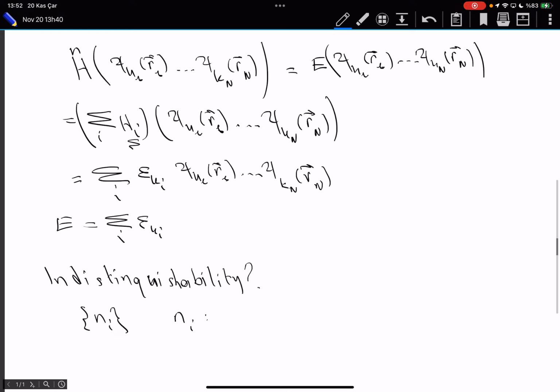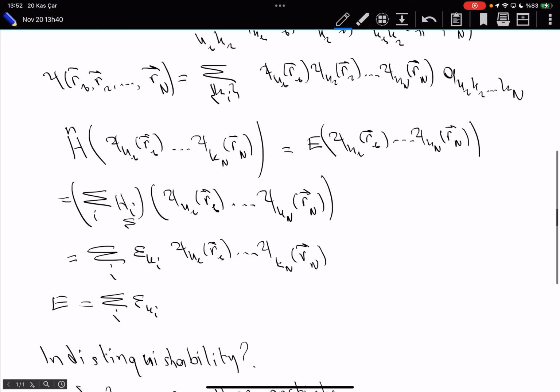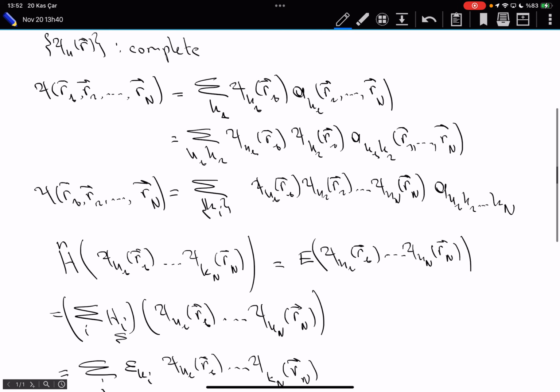Can I ask something? Why don't we have the A factor in there? What do you mean, A? The coefficient that you had previously when you write the wave function in terms of... Here. Yes. You see, this is a general argument. Whatever n-particle wave function you have, you can write it as a superposition of energy eigenstates.